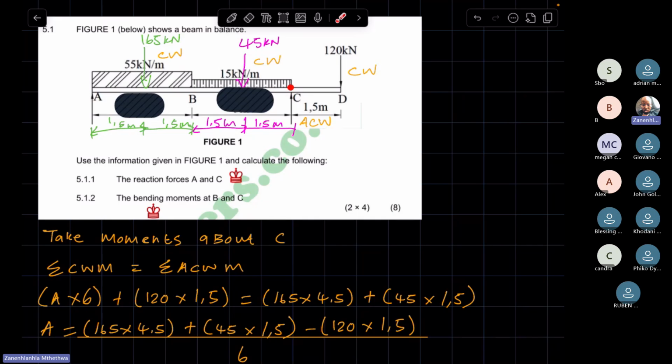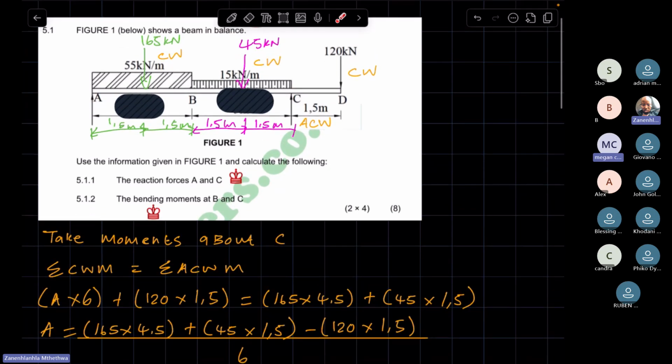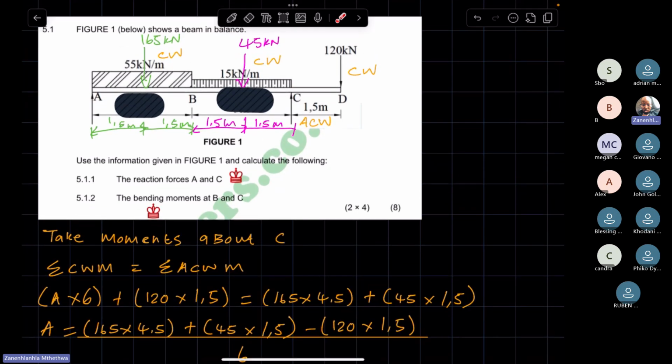So critical points are where the beam starts and where it ends, so each end of the beam, where you have point loads as well as reactions, and the start and end of a UDL. Now here, they've made things very easy for us. All the critical points are labeled.